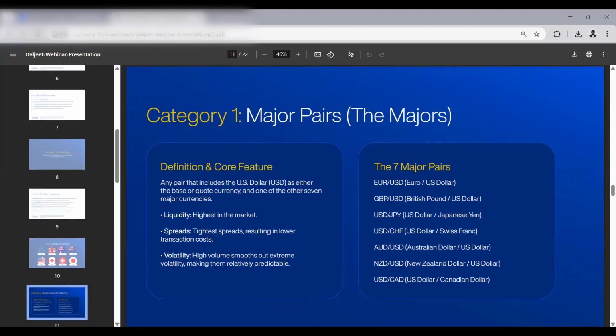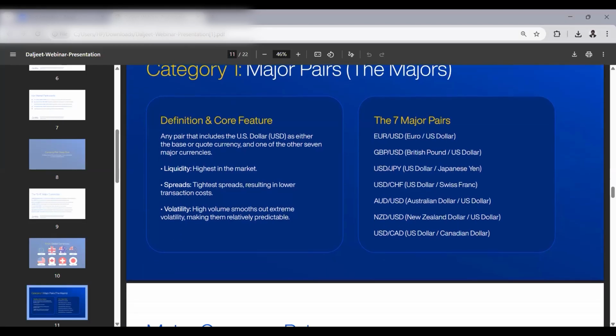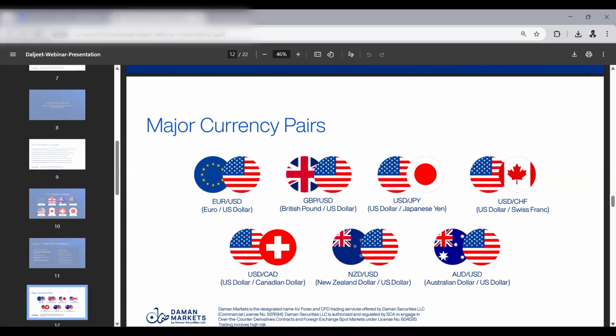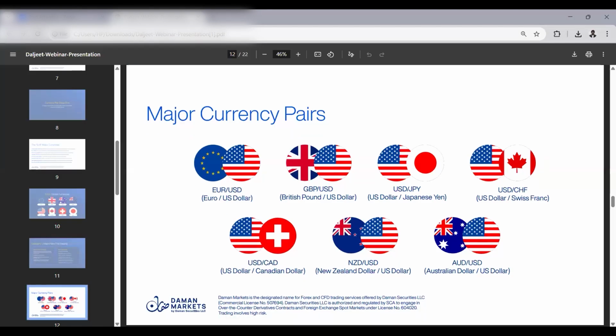You can also take a screenshot of this, because you're going to be utilizing these concepts. We're going to be learning more typical words and terminal knowledge on forex markets. The first thing that we learned is major currencies. The second thing that we learned is major currency pairs.